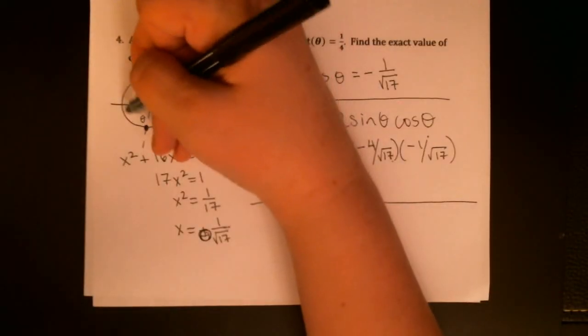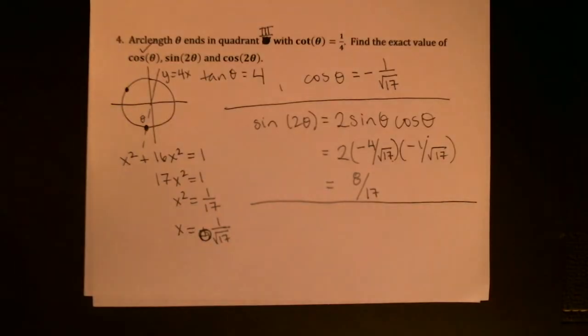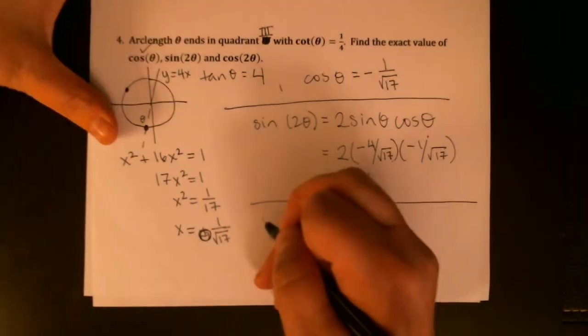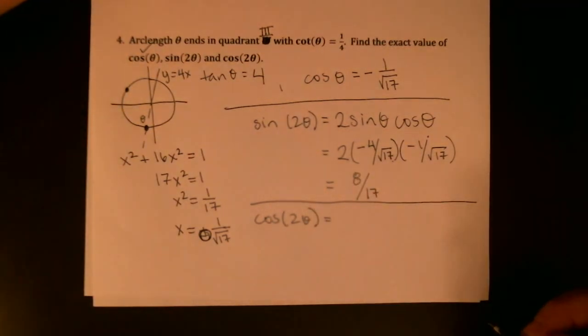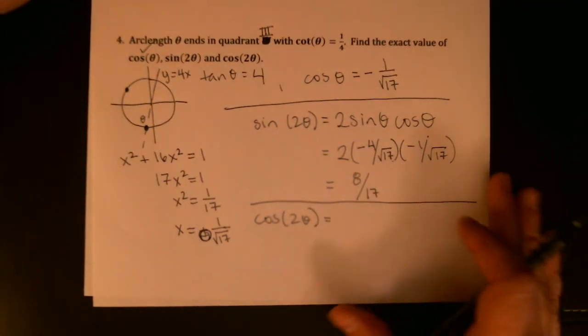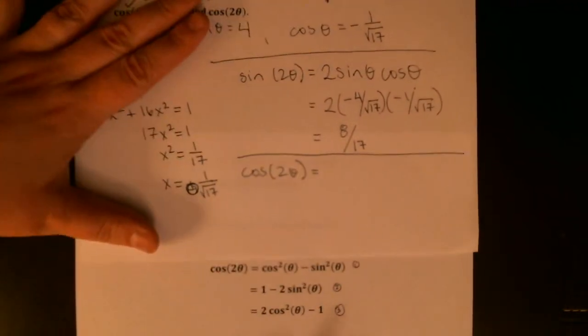So what would that do? Put us somewhere around here. Okay, last one, cosine of 2 theta. And again, we know our x and our y, so let's just choose a formula. Here, let me sneak them in the bottom so you can see. Here's our choices.